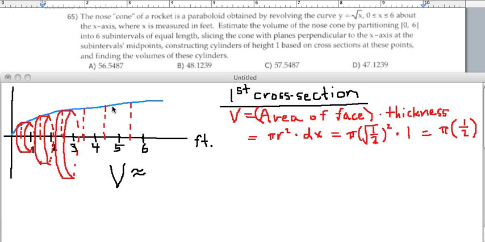So the blue curve represents the graph of y equals the square root of x.